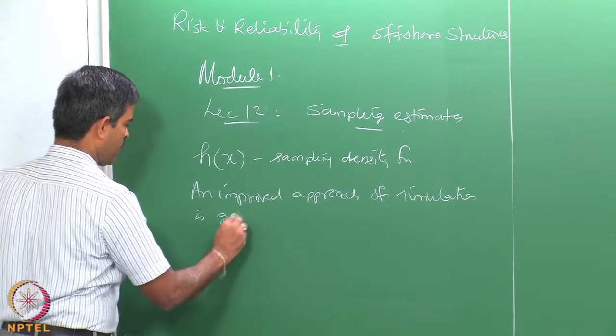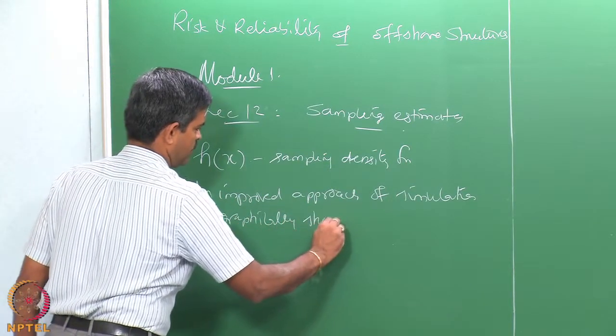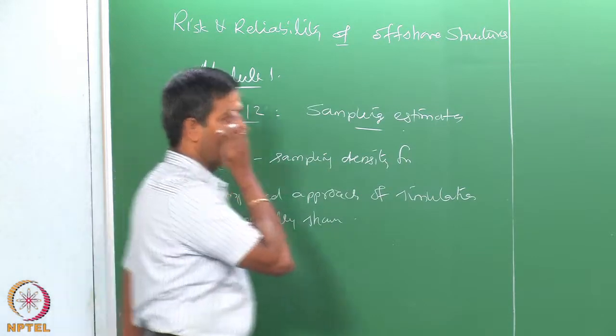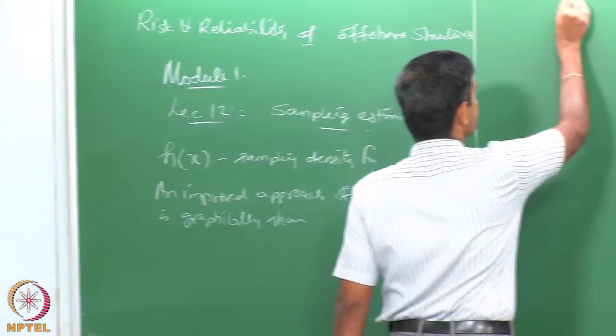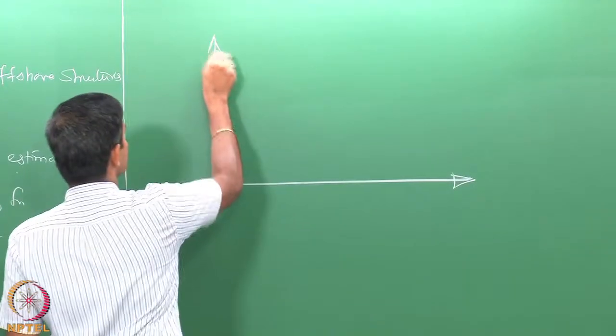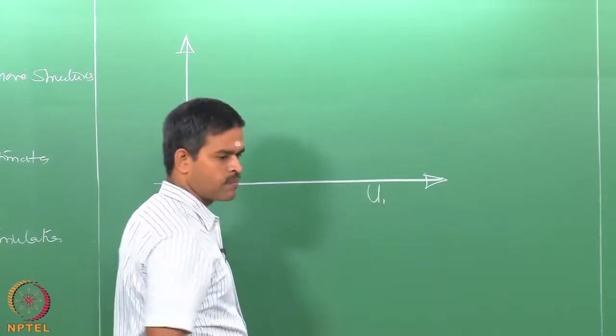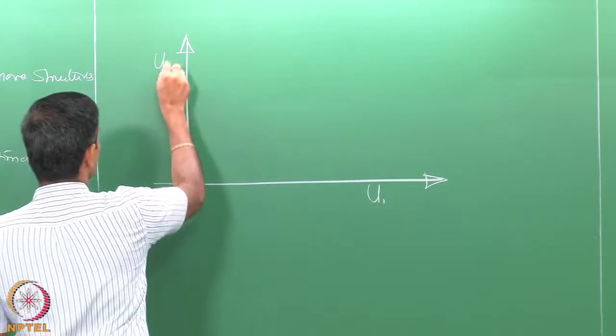is graphically shown here. Try to plot this. Let us say this is U1 and this is U2.